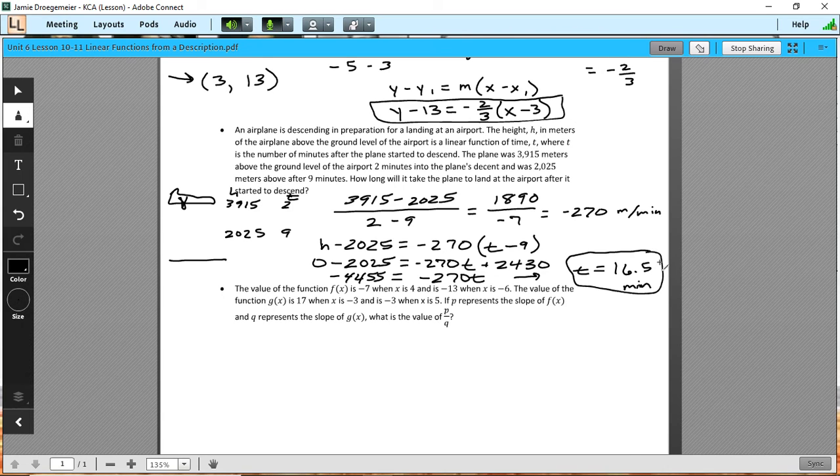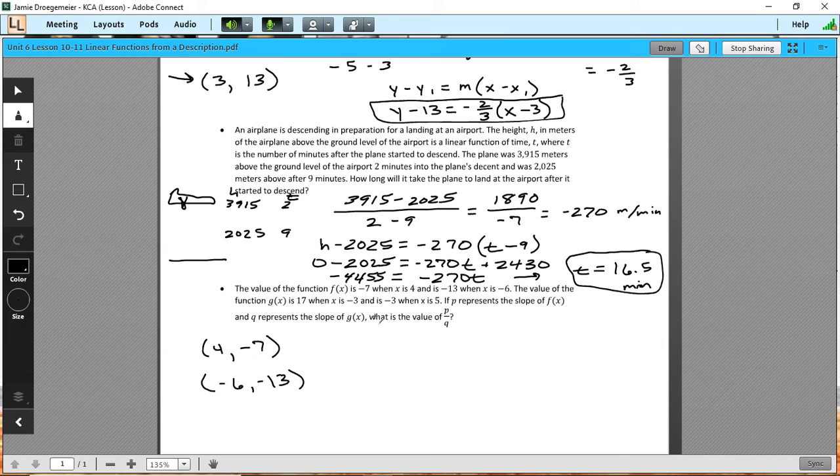All right, our last problem here says the value of the function f of x is -7 when x is 4. So when x is 4, f of x is -7, and it's -13 when x is -6. So when x is -6, f of x is -13.